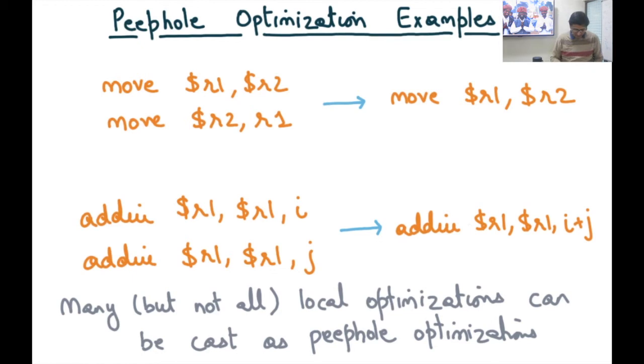Now notice that this is a pattern because R1 and R2 are not actual registers. They're actually placeholders for any register names. So for example, this particular pattern, move R1, R2 followed by move R2, R1, will also match something like move R3, R4 and move R4, R3, right?